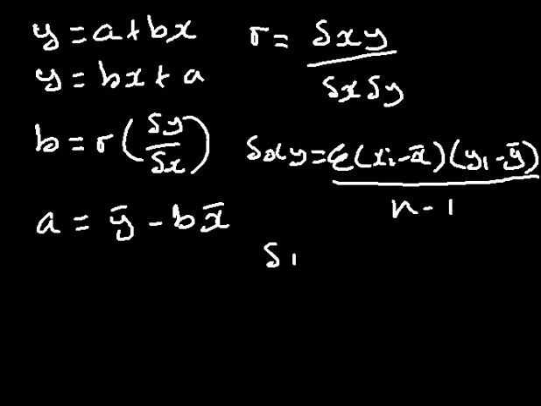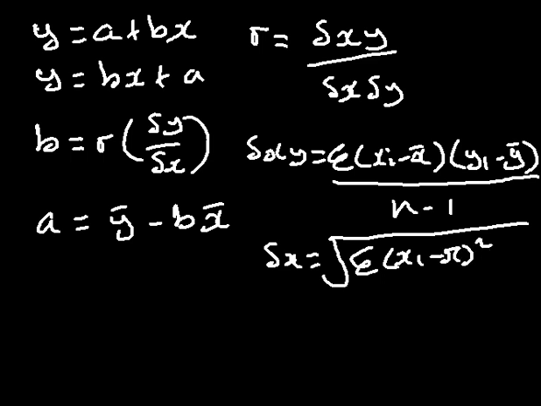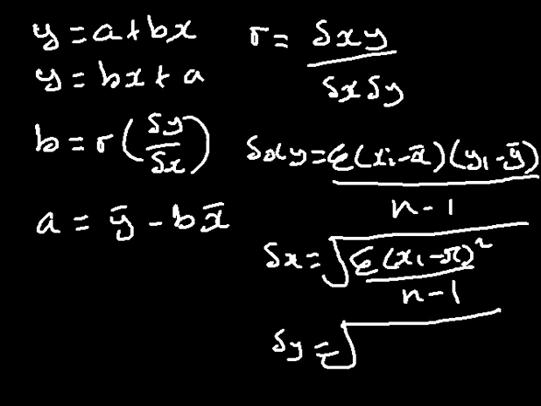And of which sx is the sample variance for the x values, that is the summation of xi minus x bar to the power 2 over n minus 1, and sy is also the sample variance for the y values, that is the summation of yi minus y bar to the power 2 divided by n minus 1.